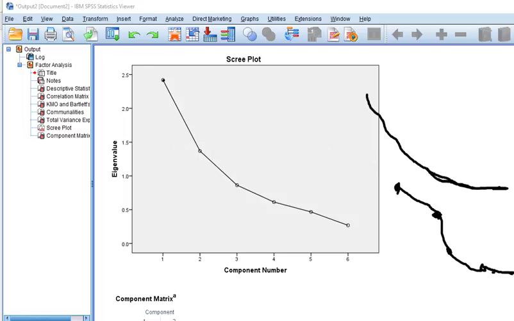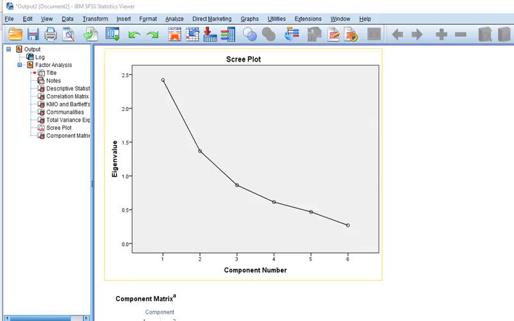The second component is right here, and then you see almost a leveling off at the elbow right here. It's not perfect, but I can see how one might interpret this. I can make a cut, if you will, and say that this might suggest a two-component solution. But sometimes it's tricky to interpret, and that's why the Scree plot is criticized for its subjectivity.